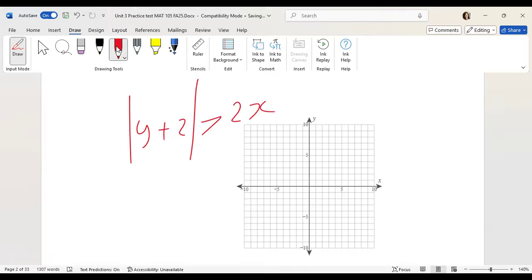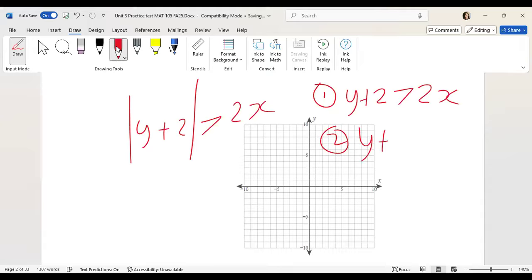If you do have a question like this, and for some time you will, then if it is greater than, you write two inequalities. The first inequality is y plus 2 is greater than 2x. And the second inequality will be y plus 2 again.